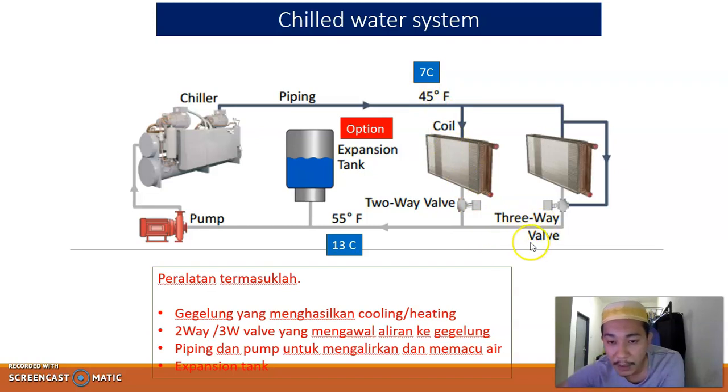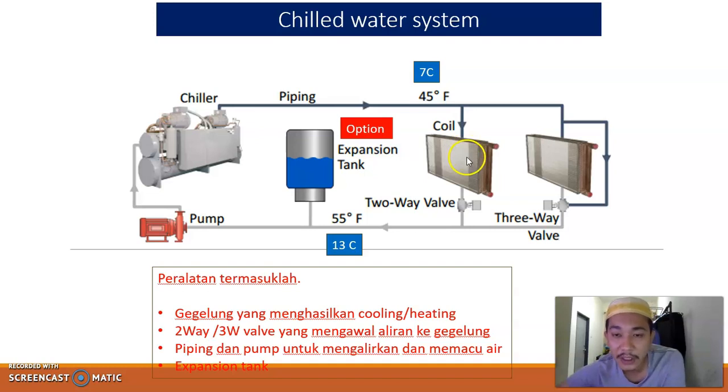It comes back to the chiller at about 13 degrees Celsius, which is about 55 degrees Fahrenheit. So the chill water coming to the cooling coil is about 7 degrees Celsius, and then we get to the room.